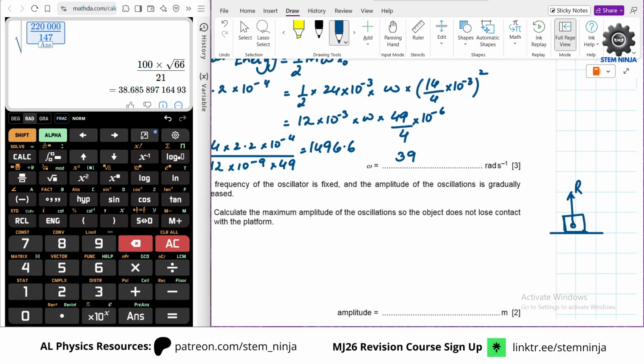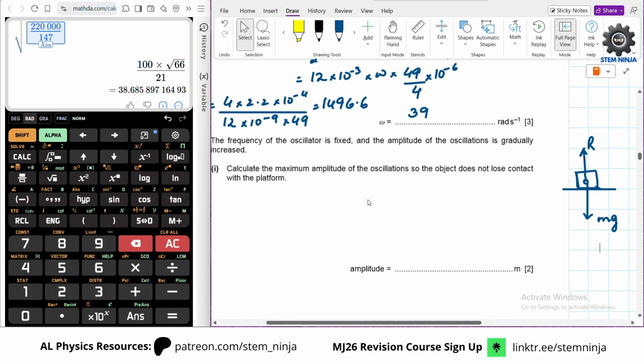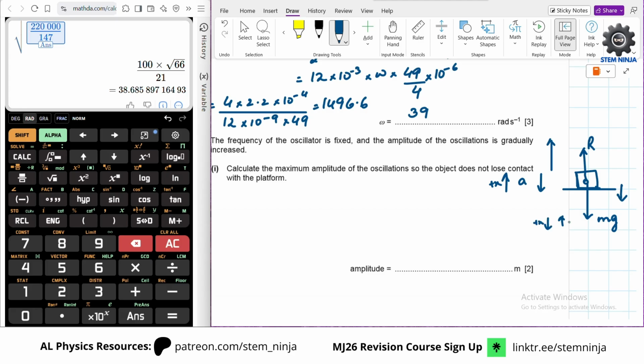Okay, so there is a weight mg. So remember the restorative force, the force that is responsible for the simple harmonic motion acceleration, when the motion is upwards, it will be directed downwards. Acceleration would be downwards. And if the displacement is downwards, the acceleration would be upwards.